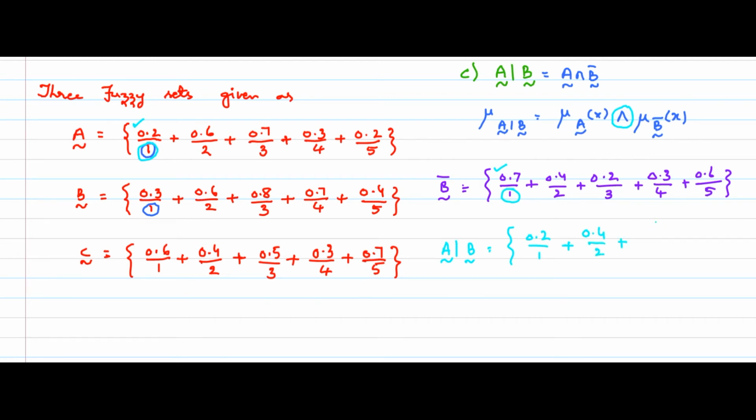The next value is x equal to 3, so the minimum value is 0.2 here, for x equal to 4 the minimum value is 0.3, and for x equal to 5 the minimum value is 0.2 again. So this is the solution for A difference B. Now let's move on to the D problem.